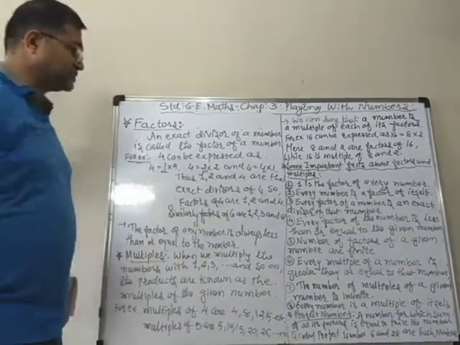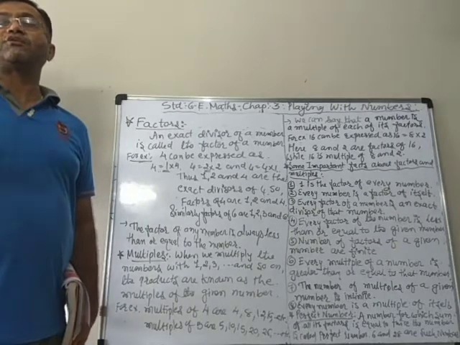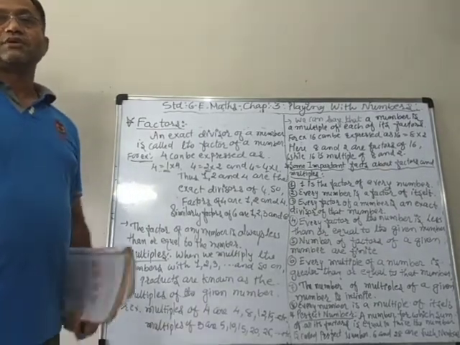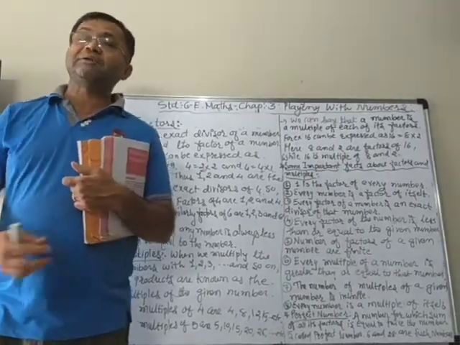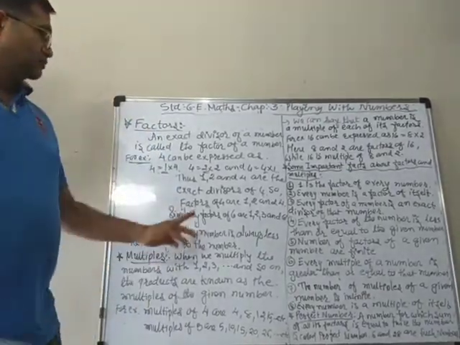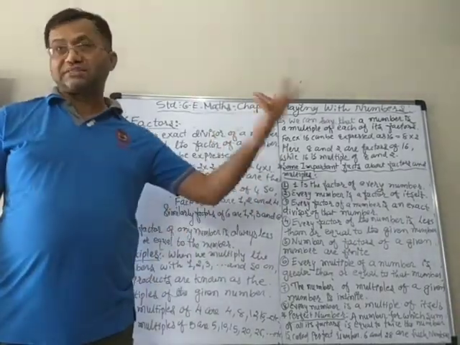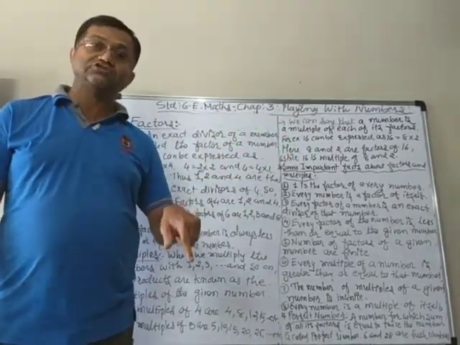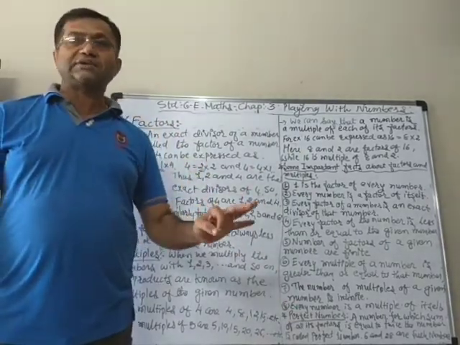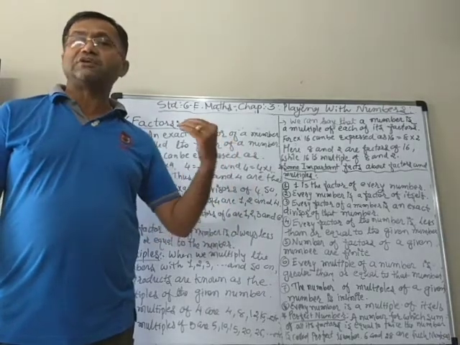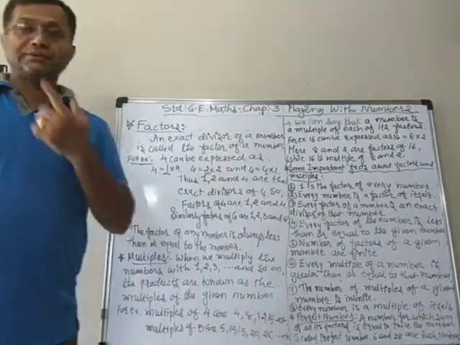Similarly, if you take 6 and divide it also by 1, 2, 3, 4, 5 and 6, it cannot be divisible by all the numbers, but it will be divisible by 1, because 1 multiplied by 6 is 6, 2 because 2 multiplied by 3 is 6, 3 also because 3 multiplied by 2 is 6. 4 is not an exact divisor, 5 also, because when you divide 6 by 4 or 5, you will get the remainder.